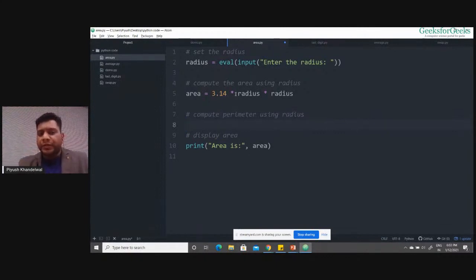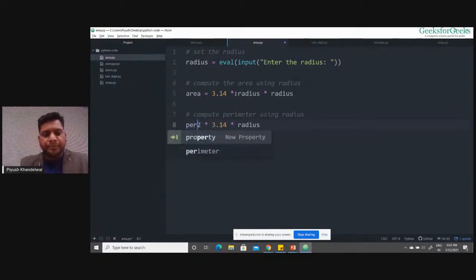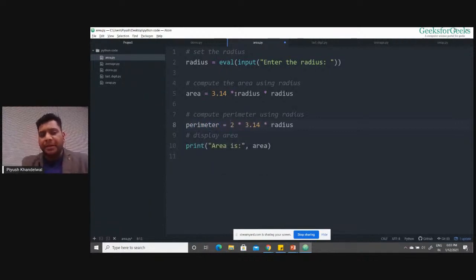So the perimeter of a circle is computed by the formula 2 pi r. I can write it over here: 2 into pi. The value of pi is 3.14, right? And then multiplied by radius. This is the computed value of perimeter, and I need to store this value. So I'll again use a variable. Let's name it perimeter only. So this computed value has been stored in the variable perimeter.